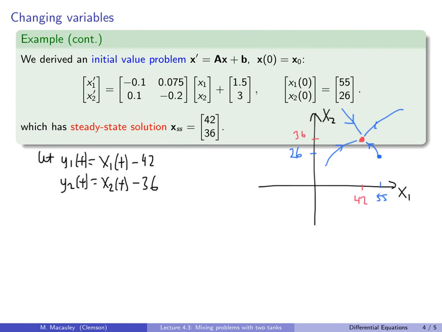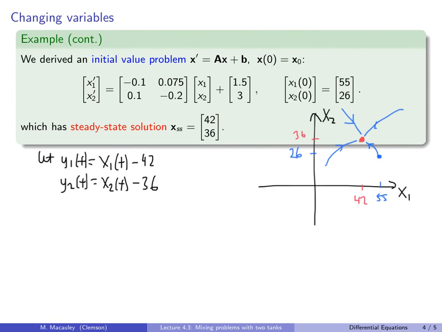So if x1 and x2 represent the amount of salt in tank A and tank B at any time t, y1 and y2 represent the amount relative to this equilibrium point. Okay? So we're subtracting off the steady state solution.